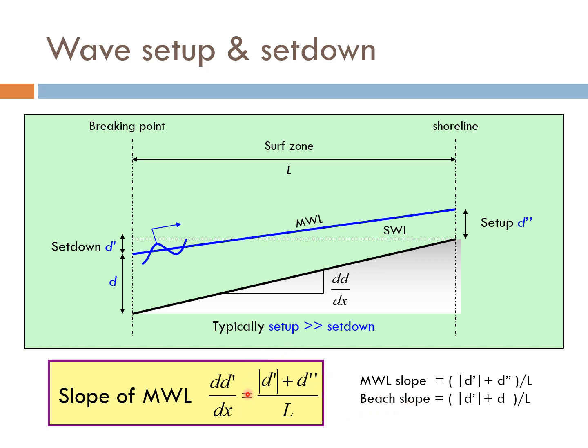So that is the mean slope of the mean water line. And we have a notation for the slope of the mean water line, written as d prime over dx. Typically, the set up will be larger than the set down.